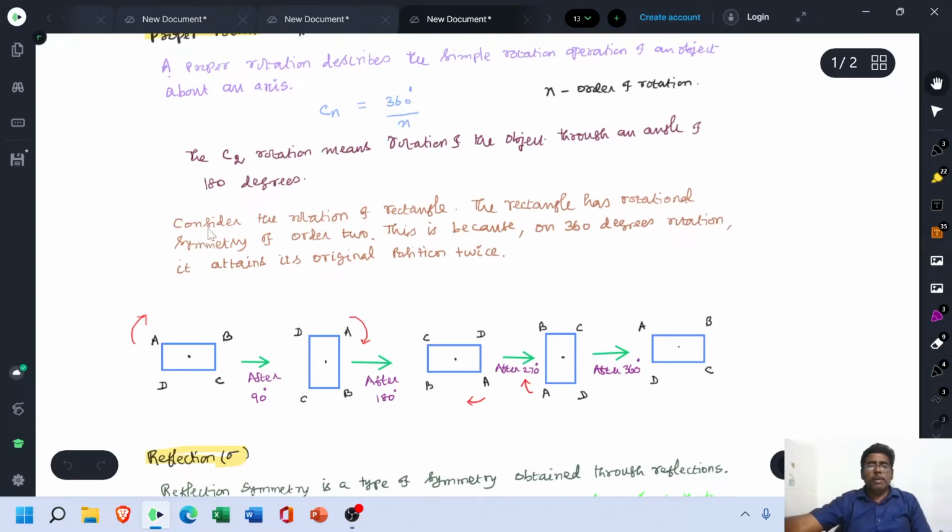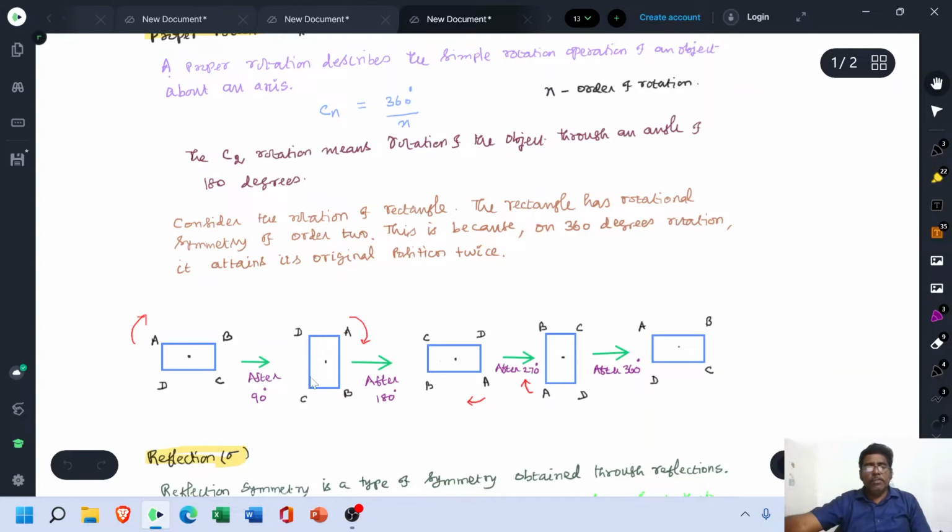For example, consider rotation of rectangle. The rectangle has rotational symmetry of order 2. What does it mean? This is because on 360 degrees rotation, the rectangle attains its original position twice. See, this is a rectangle.